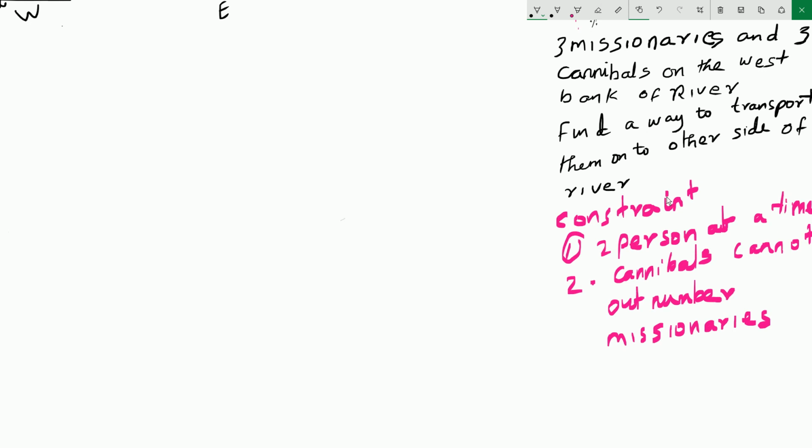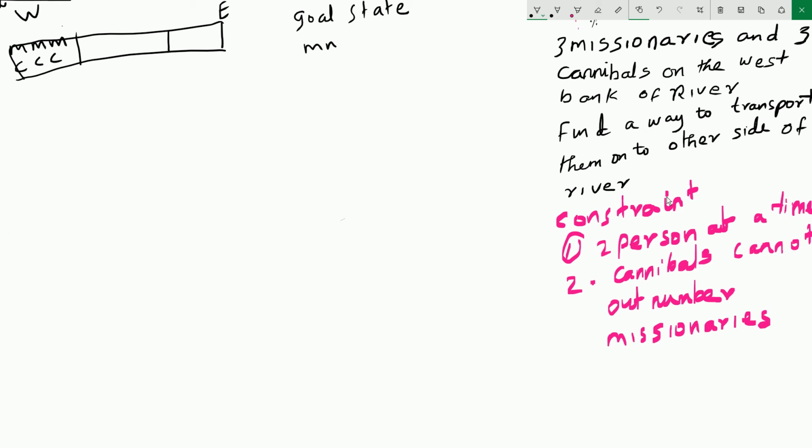I have three missionaries and three cannibals. So maybe I make a box. On the goal state, nothing here, and then the other side.